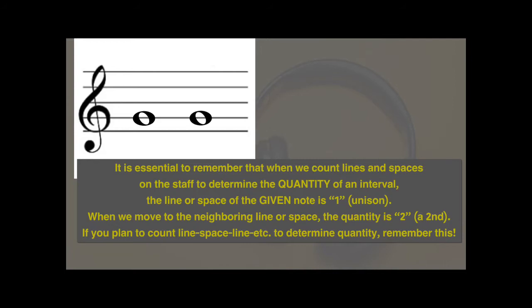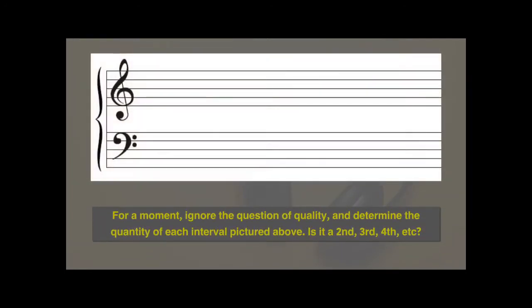If you plan to count line, space, line, etc. to determine quantity, remember this. For a moment, ignore the question of quality, major, minor, etc., and determine the quantity of each interval pictured above. Is it a second, third, fourth, etc.?